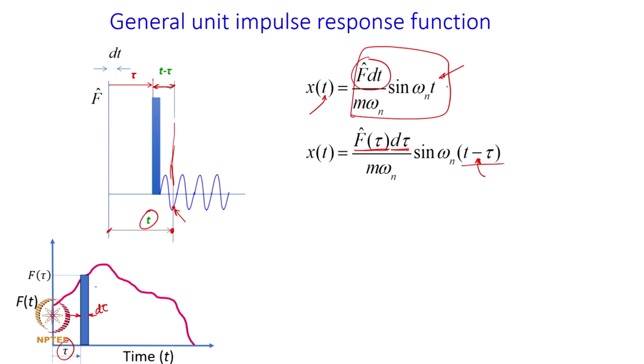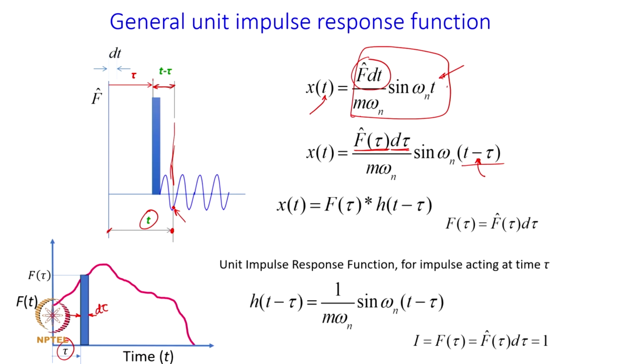So we shift the time axis as we saw here, and accordingly our impulse response function is going to change. The unit impulse response function with a time shifted function is going to be sin omega n (t minus tau) here, and this basically is the modified expression for the unit impulse response function.